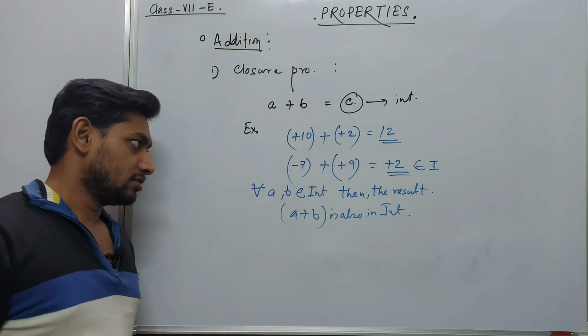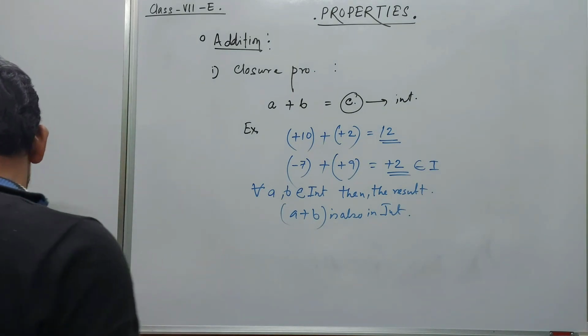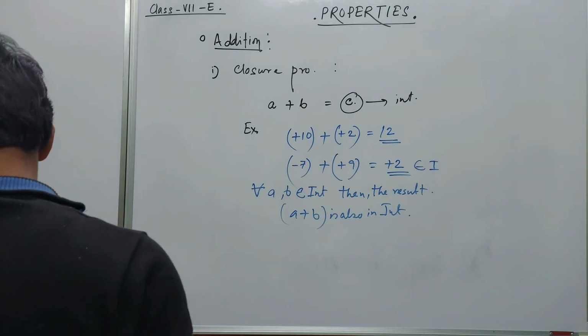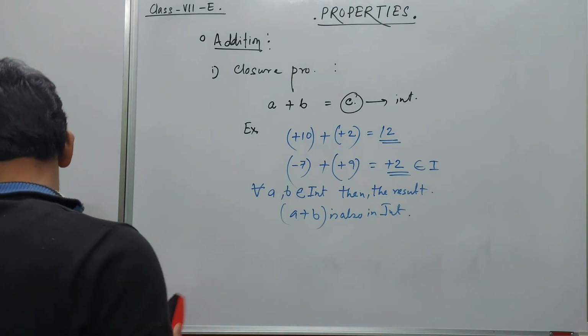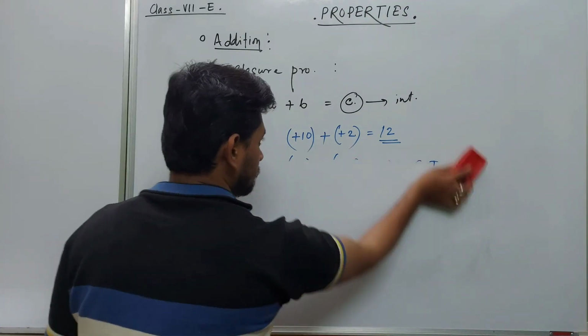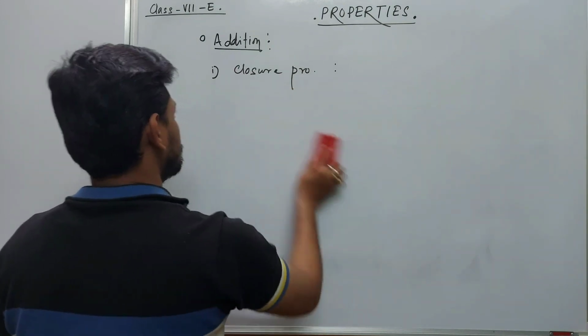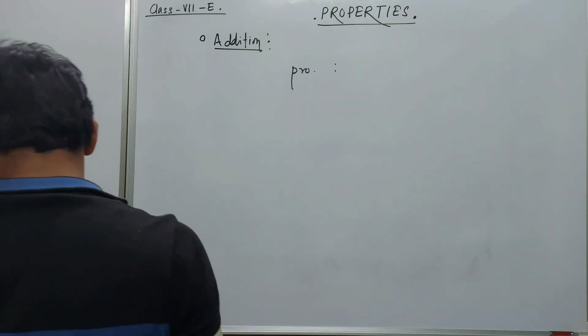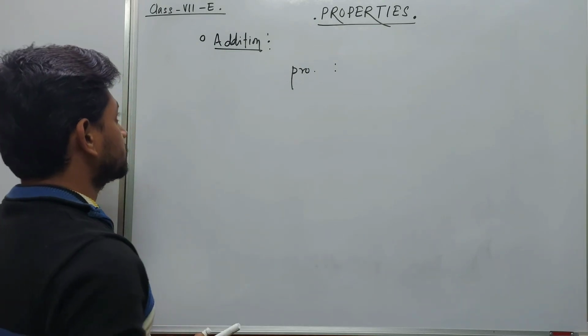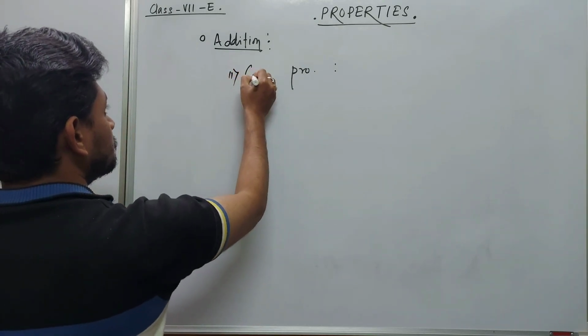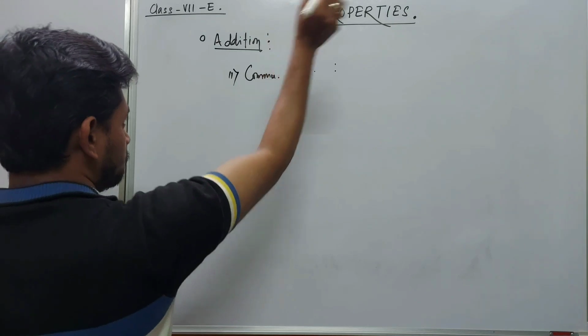Clear? Next, the commutative property. What is the commutative property?